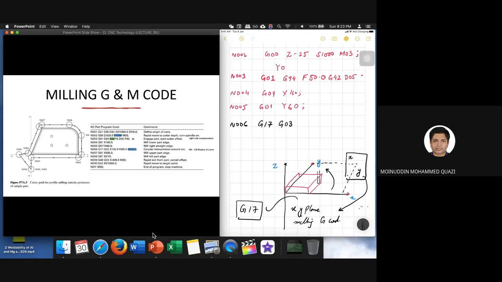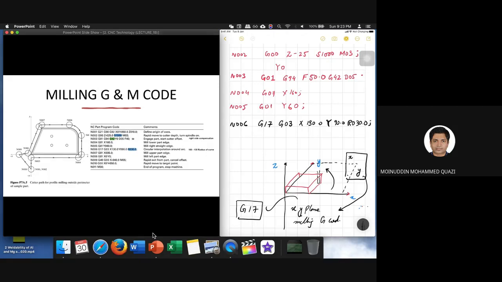Then we have to specify the last point of the milling, where the cutter will stop the circular milling process. So the last point is X130.0, Y90.0. And I need to specify the radius. The radius given in the problem is R equals 30, so I will write R30.0 and finish the block.